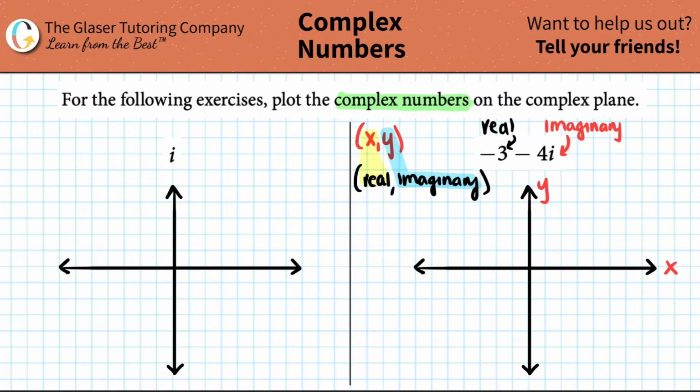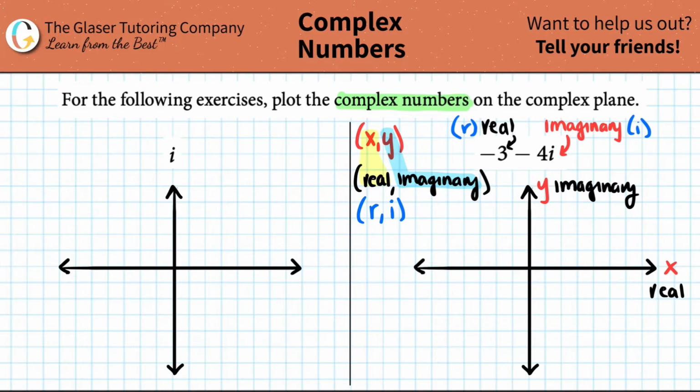If I just labeled this as R and I, it would be the same thing as saying R comma I, just like x comma y. So I know now that the x-axis is where all the real numbers are, and the y-axis is all the imaginary numbers.